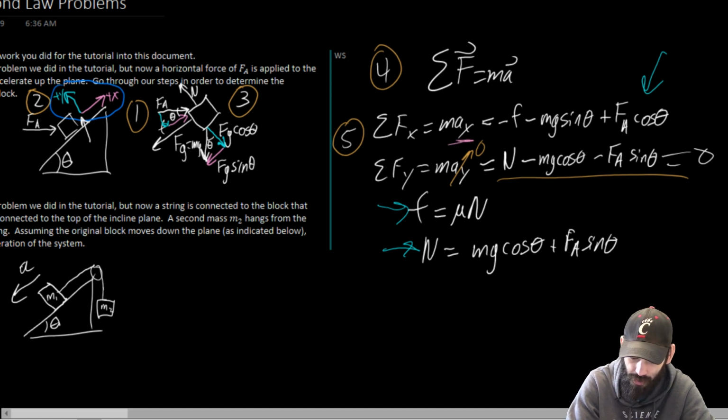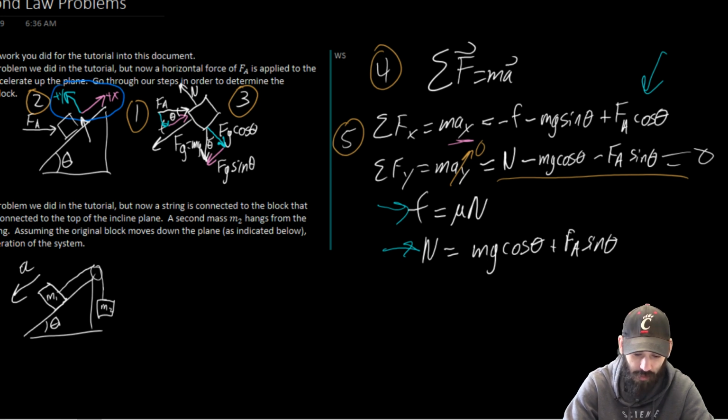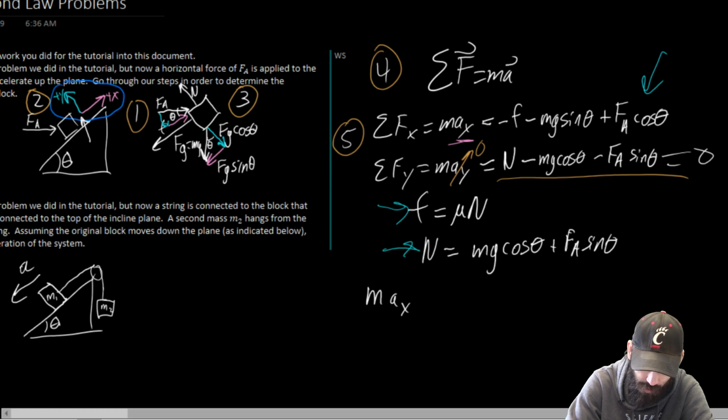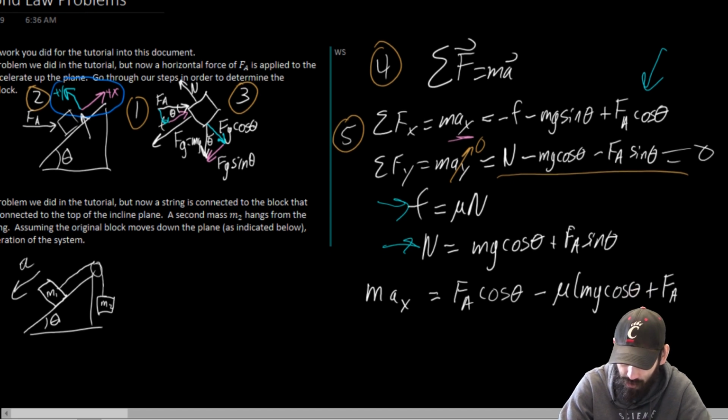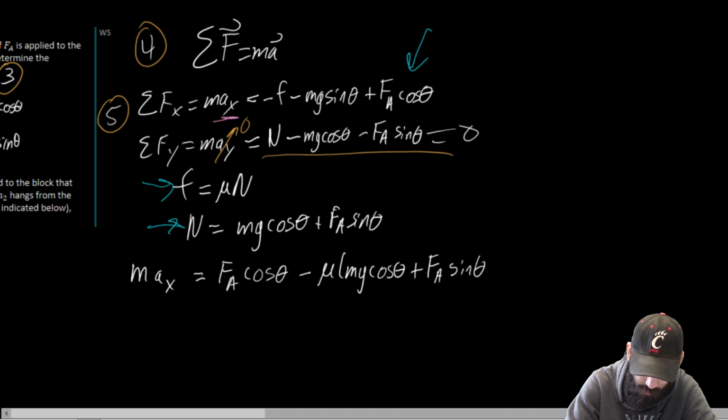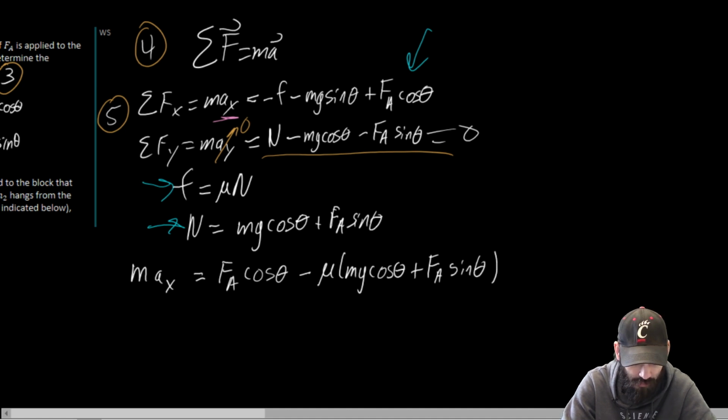Okay, so let's plug our force of friction into this equation up top, and plug our normal force into that force of friction, and what we're going to see is that m a sub x is going to be equal to Fa times cosine of theta minus mu times mg times cosine of theta plus Fa times sine of theta minus mg times sine of theta.